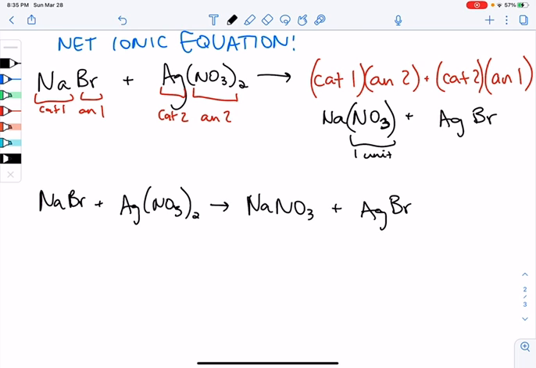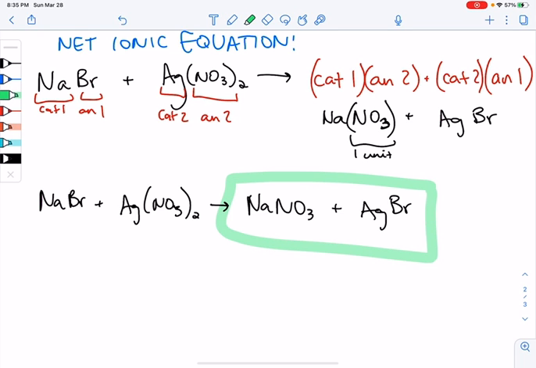So now you want to go onto the right side of the equation here and check the charges. You want everything to be neutral. So sodium has a +1 charge, nitrate has a -1 charge, everything looks good. Silver is +1, bromide's -1, so everything looks good. So we don't have to do anything with the subscripts. Say, for example, though, you had something like, I don't know, silver carbonate.